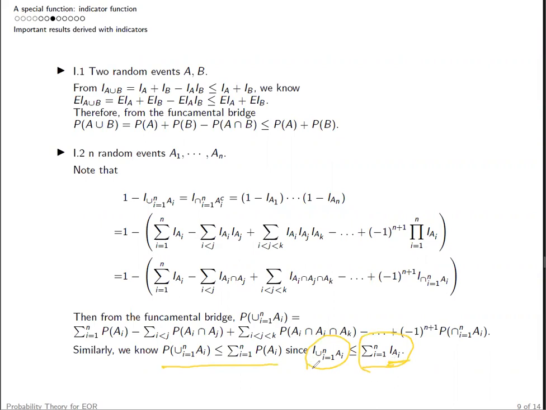Because if the left-hand side is equal to 1, then at least one of the indicator functions on the right-hand side is equal to 1. So the right-hand side is always larger or equal to the left-hand side. This also stresses the importance of correcting for the overcounting. And that's why we always need the minus, plus, minus, and so many complicated parts, right?